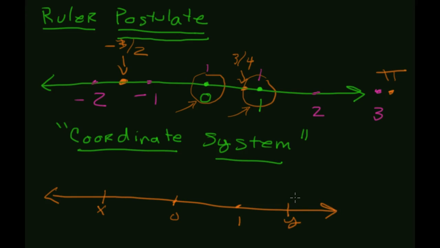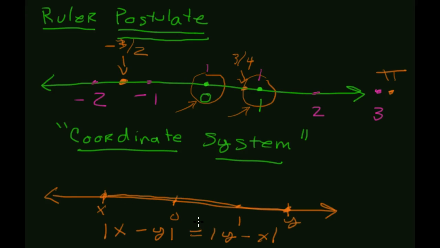I don't know what x and y are, but I want to know how far it is from x to y. The ruler postulate says that I simply take those two values, subtract them, and take the absolute value. Note, if I do that the other way, it's still the same. So the distance from x to y is the distance from y to x.